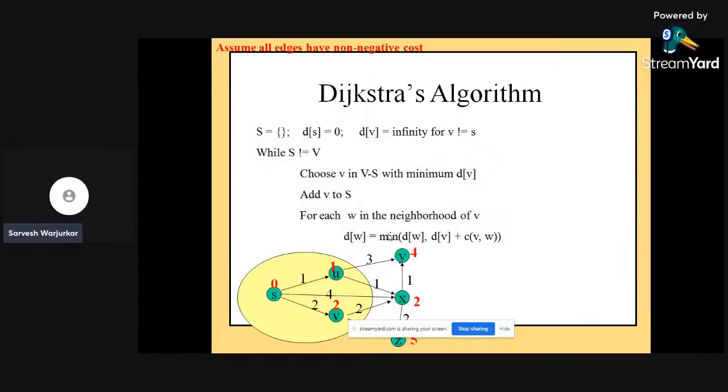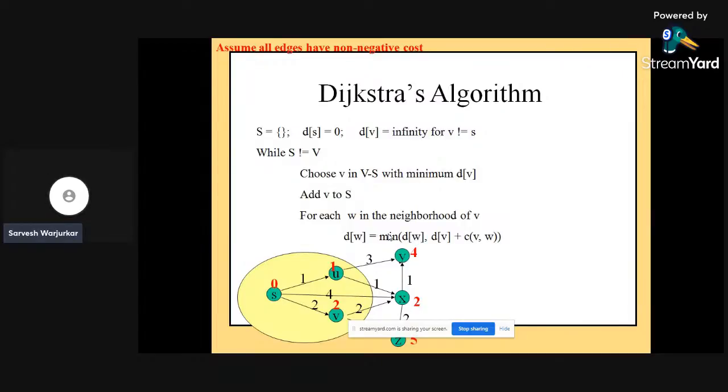Consequently, we go with a single source. Of course the source is only one, but to reach the destination, V is the destination. We need to find the path from S to V which will give the minimum weight.